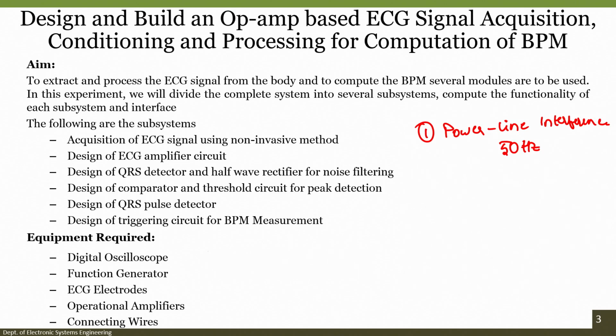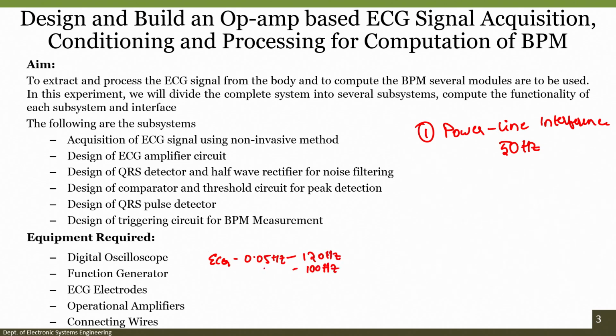Right. So, in order to remove that particular frequency, we should know the frequency of our ECG signal. Generally speaking, the ECG signal frequency will be somewhere around 0.05 Hz to 120 Hz, or generally they also say up to 100 Hz.